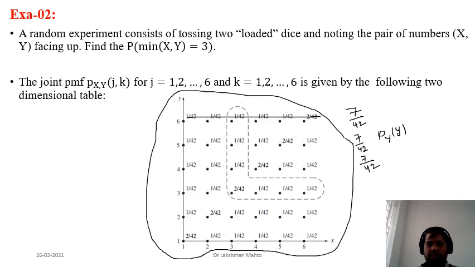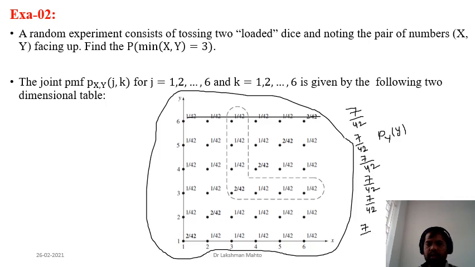Here 1 plus 1 plus 2 is 4 and plus 3 is 7, so 7 by 42 with respect to the third row. Coming here, 1 plus 2 plus 1 plus, again all these are coming 7 by 42. All are equally distributed, equally likely. So every value of y has equal probability. Here again you sum it up, it would be 7 by 42.